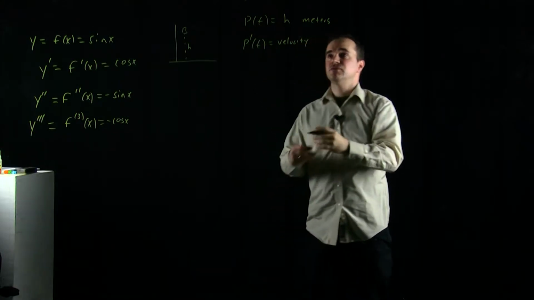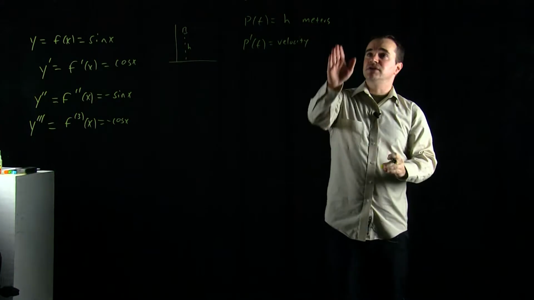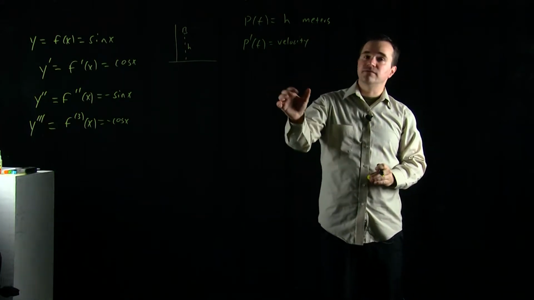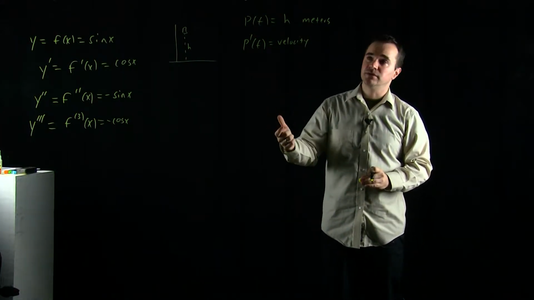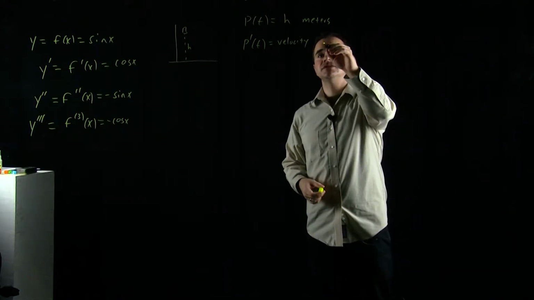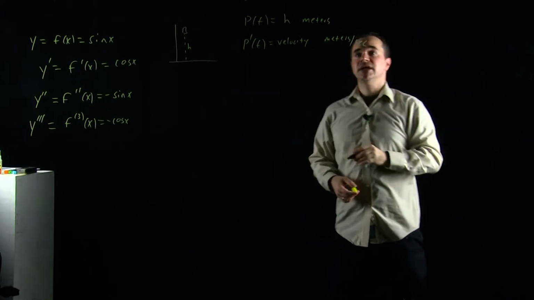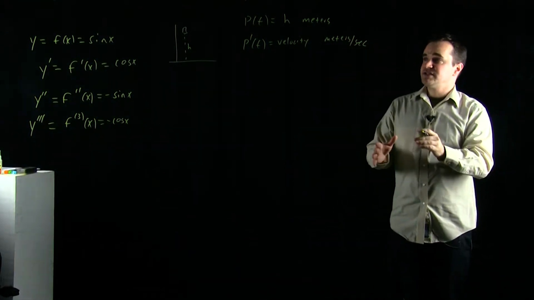The initial function was your position on the y-axis, your height, measured in distance or meters. Your derivative, that is to say your rate of change of position, in physics we call that velocity, and this has units of meters per second.